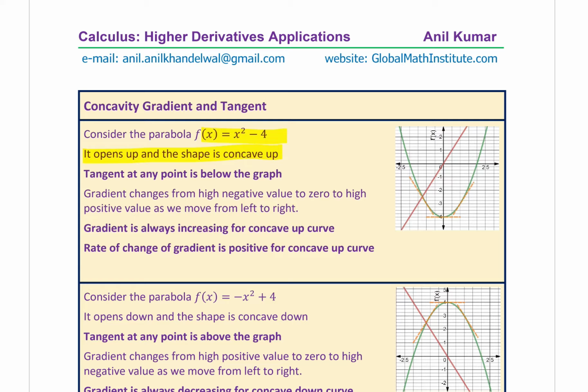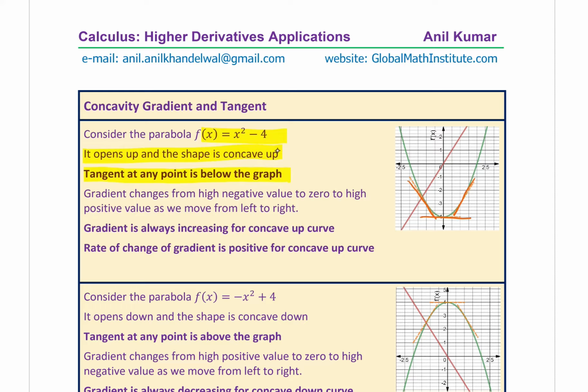So this shape is called concave up, right? Now if I draw tangents at any point on this particular graph, which have been shown here in orange, right? So these are your tangents. You will notice that all these tangents are under the curve. The graph is above the tangents, correct? So what you observe here is that the tangent at any point is below the graph, correct?